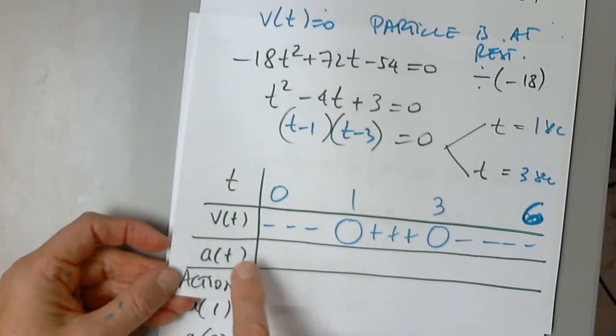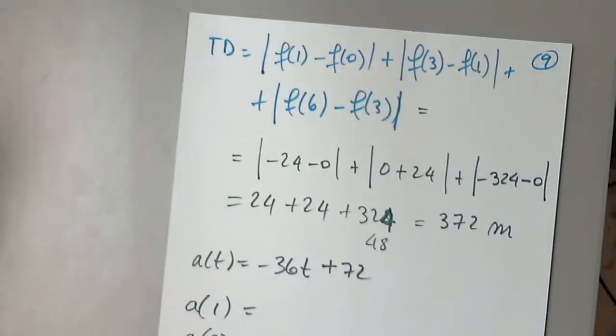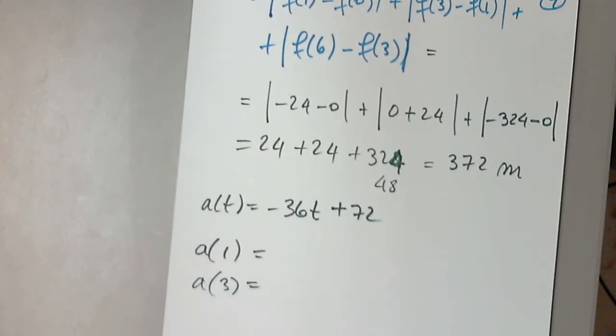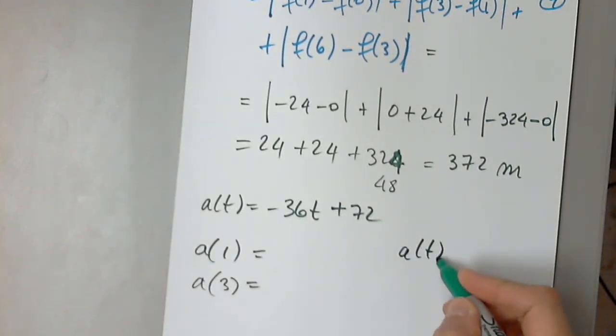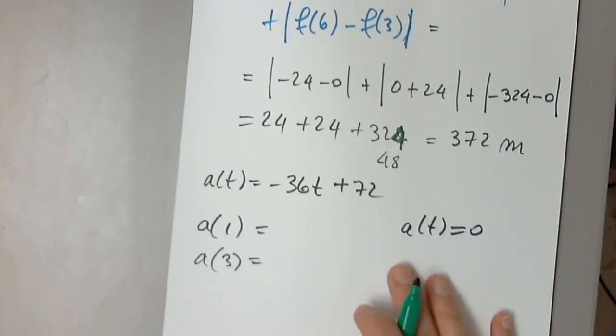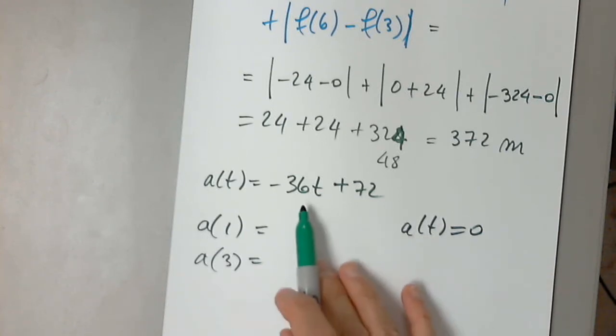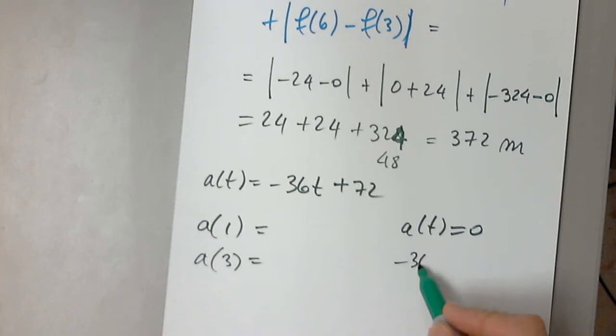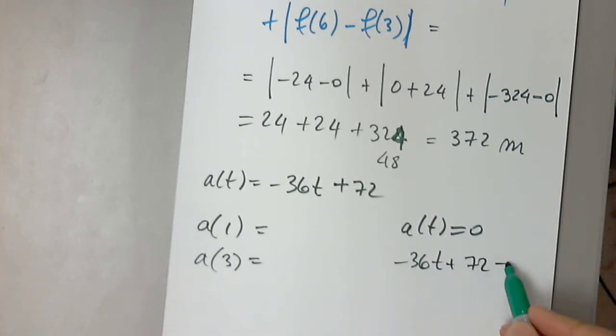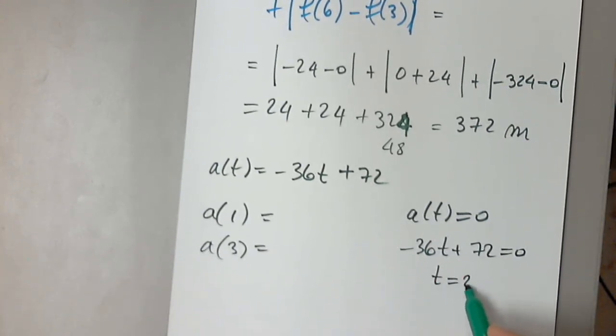In order to put it in the table, I also have to find where the acceleration is 0. Not just these two that are asking us, but also where a of t is 0. How many seconds after the starting point is a of t 0? Negative 36t plus 72 equals 0 means t equals 2 seconds.